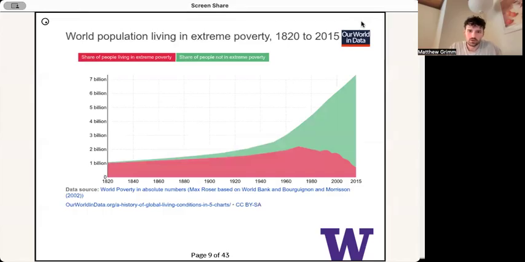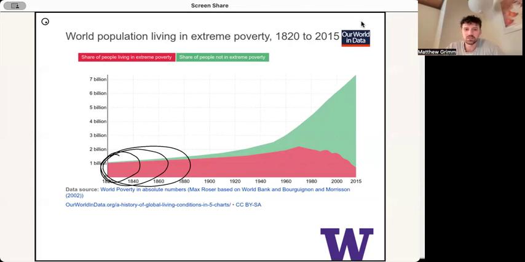Okay, so next graph here, we're looking at the world population living in extreme poverty. Extreme poverty is a metric where people's income is below a certain threshold. As you can see, in the 1820s, 1840s, 1850s, we had a lot of people in extreme poverty.